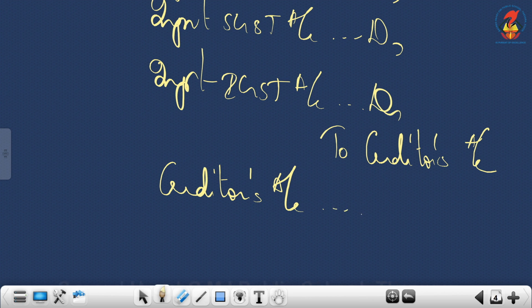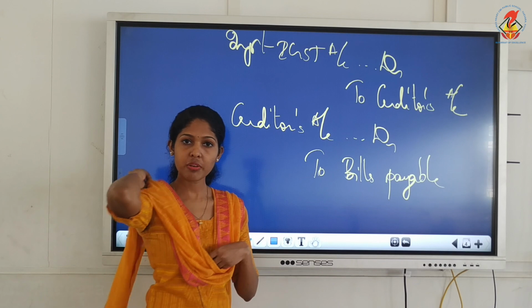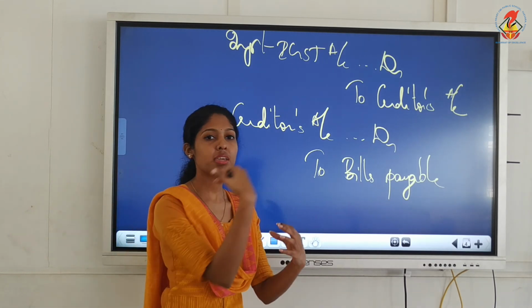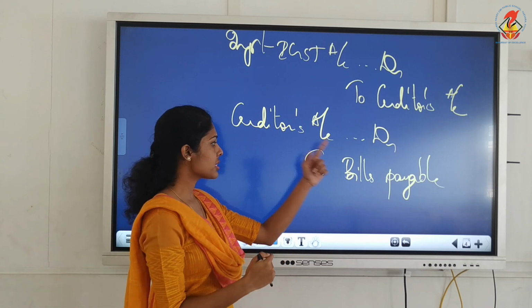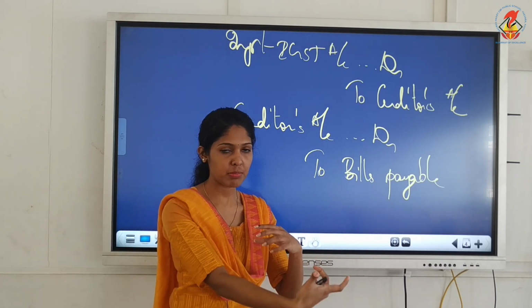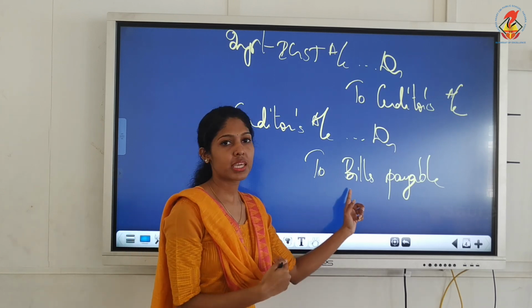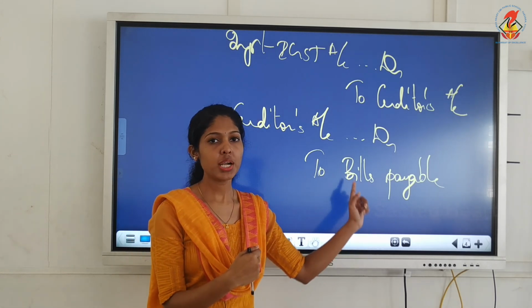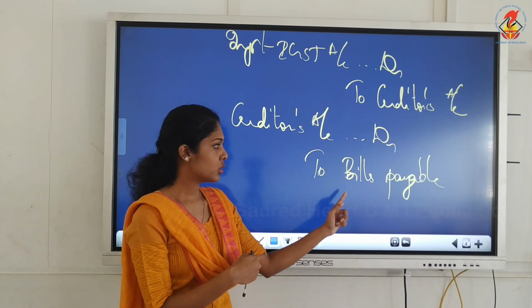So it will be creditors account debtor to bills payable, which we know is a liability and is to be credited. Why did we debit creditors? Because we are giving them something. It's not cash. The usual entry will be creditors debtor to cash when you make the payment to creditors. But since here we are not giving them cash, we are giving them a document called bills payable. So that will be creditors account debtor to bills payable.